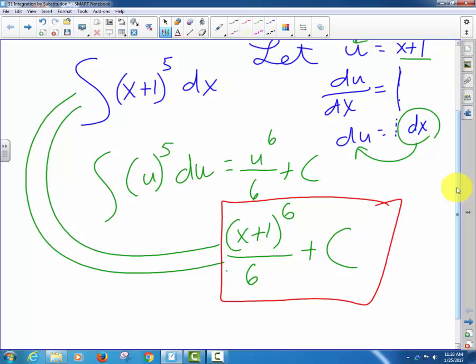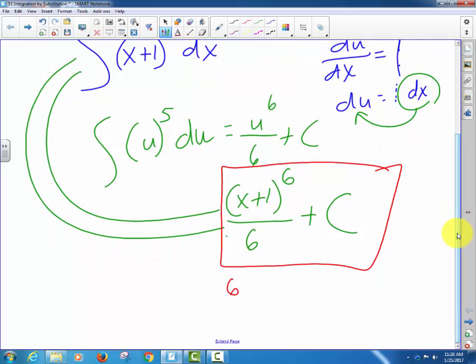So if I wanted to take the derivative of that, we'd bring the 6 down and make it (x+1) to the 5th power times, what's the derivative of x plus 1? 1. And if we clean all that up, we get (x+1) to the 5th power. Lo and behold, that was pretty straightforward, wasn't it?